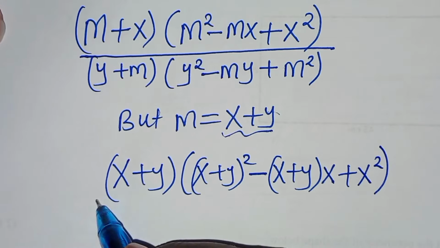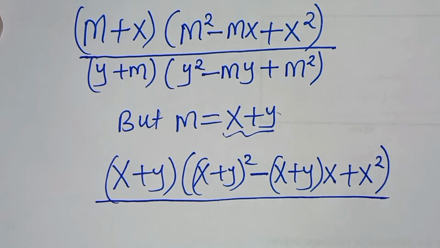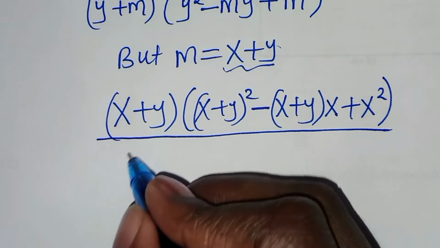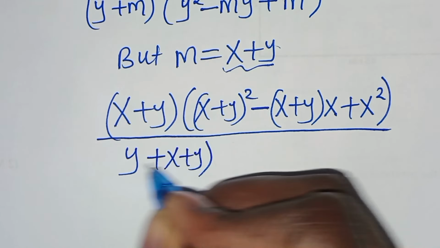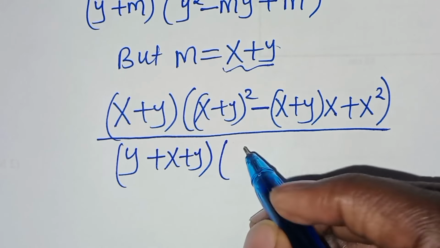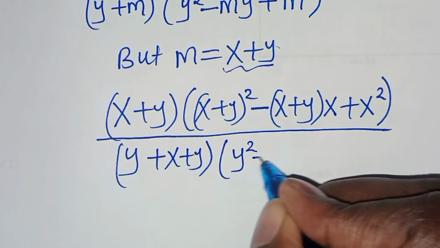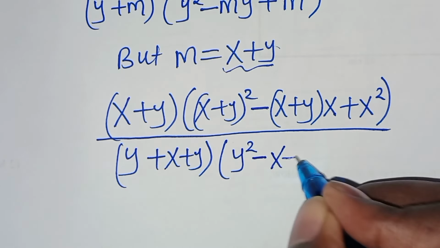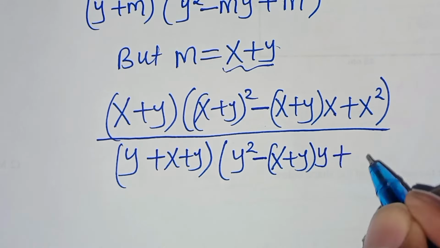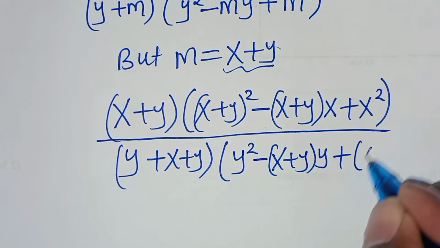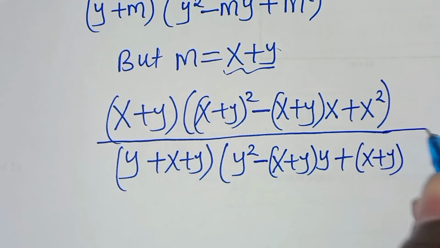Now, this is in the numerator part. Let's check the denominator part. We have y plus m, which is x plus y, close the bracket here. Then we have y squared minus x plus y times y, then plus m squared, which is x plus y squared.